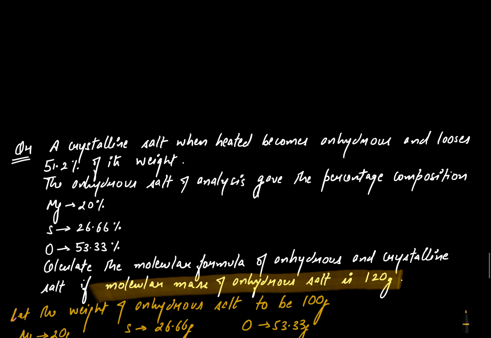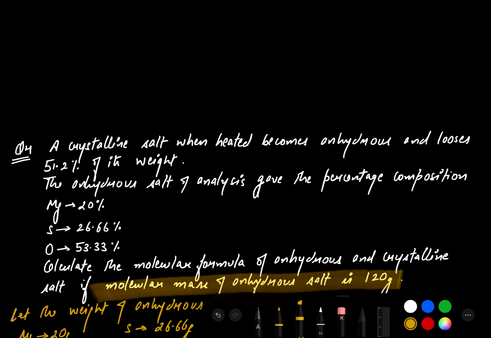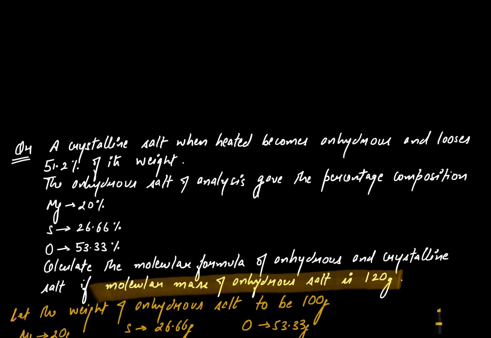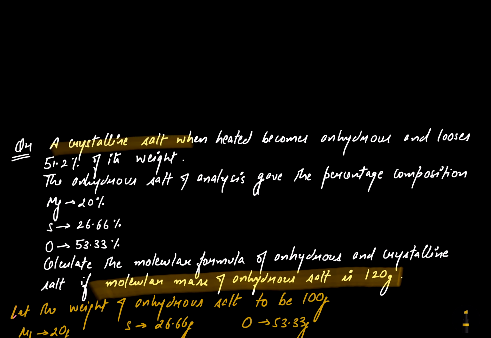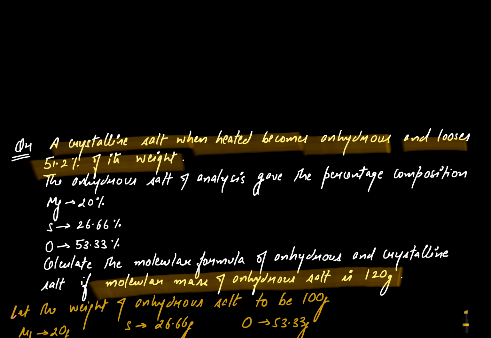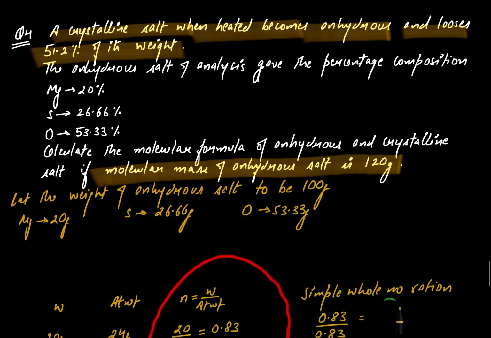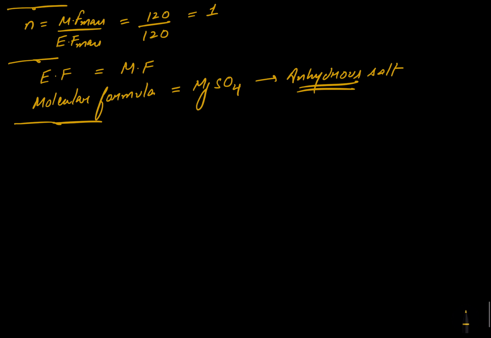Now let's come back to the question. He is saying a crystalline salt when heated becomes anhydrous. Obviously it will lose all its water of crystallization and loses its 51.2% of weight. That means, coming back over here, let my crystalline salt be magnesium sulfate dot XH2O.